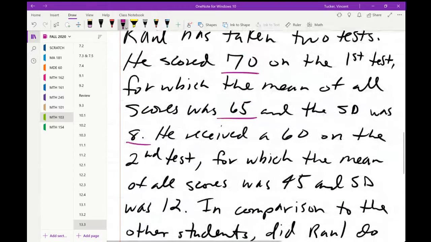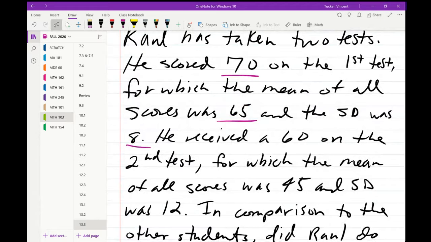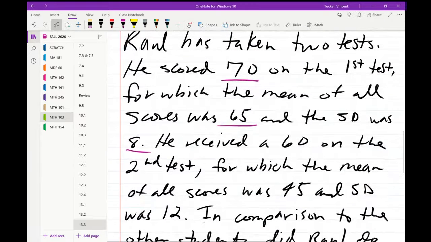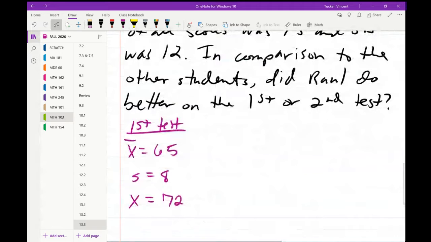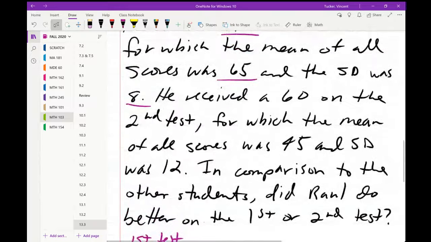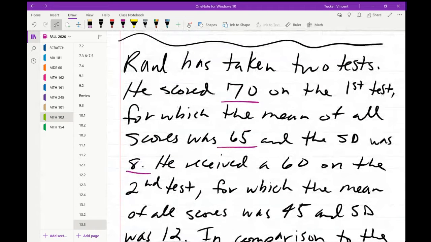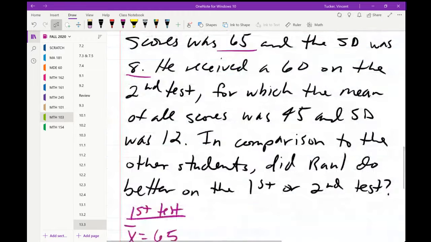Let's see. Say he scored a 70. The book had 72. I'm going to change that to a 72 just in case they have a 72 for a particular reason. He scored a 72 on the first test instead of a 70.